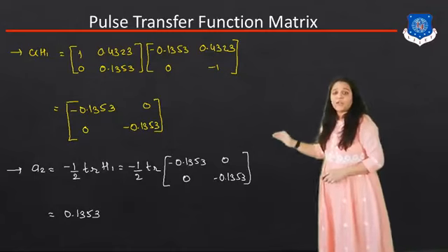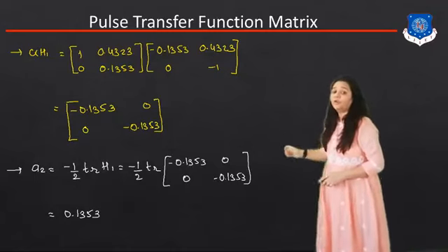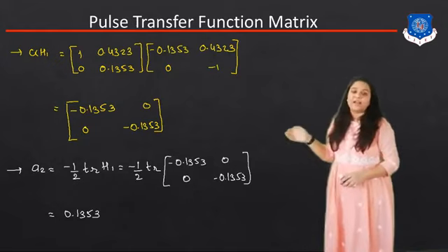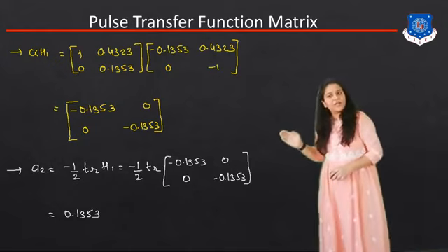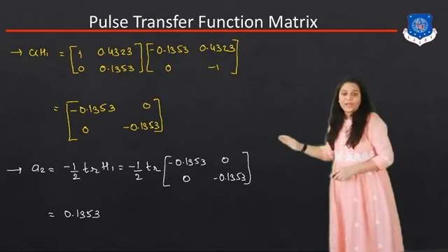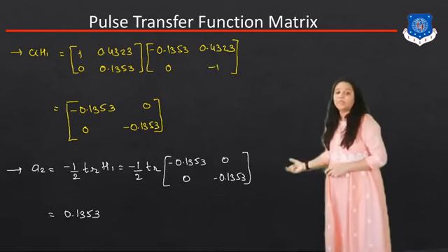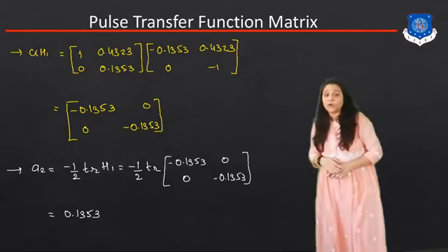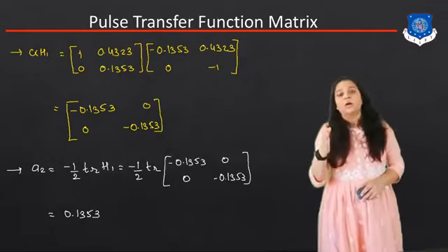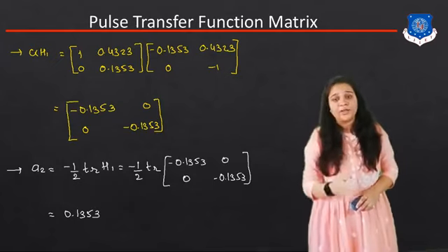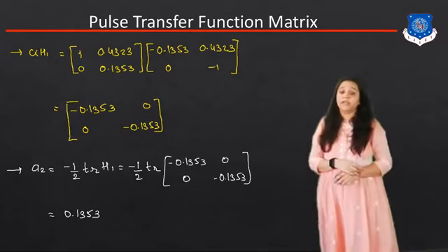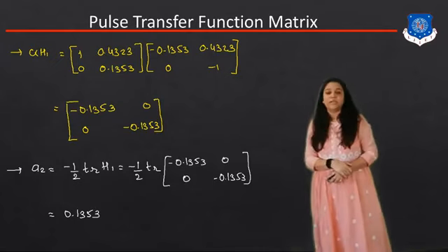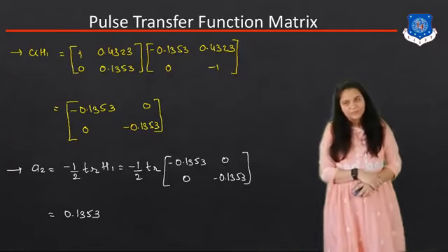So the equation of a2 is -1/2 trace(G H1), and you have to write the equation in this manner. We put the multiplication answer, and then we find the trace: -(1.1353 + (-0.1353))/2, so we get 0.1353. Minus minus becomes plus.